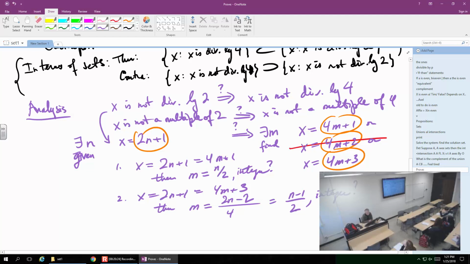Okay, so what do we do next? We split the whole thing into two cases, case 1 and case 2. So what is case 1? Under what circumstances does case 1 work? We were supposed to find m, which is an integer. Remember that notation for the integers?